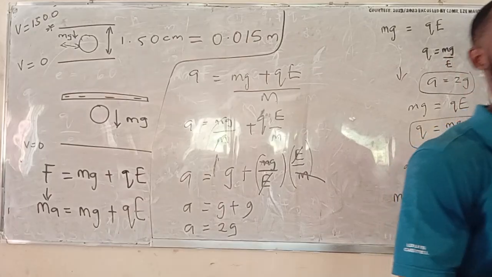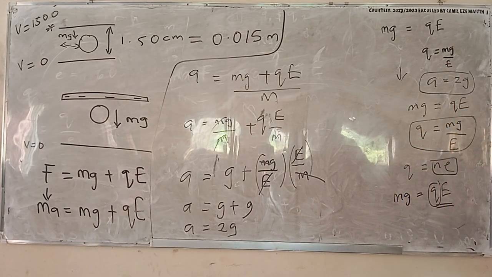So what I'm saying in essence is, when you enter the exam hall and you see a question that has to do with oil drop experiments, and at the end of the day they ask you what is the acceleration of that oil drop, whatever they tell you, all you need to do is simply do 2 times 9.8. You get the point now? Just do 2 times 9.8.